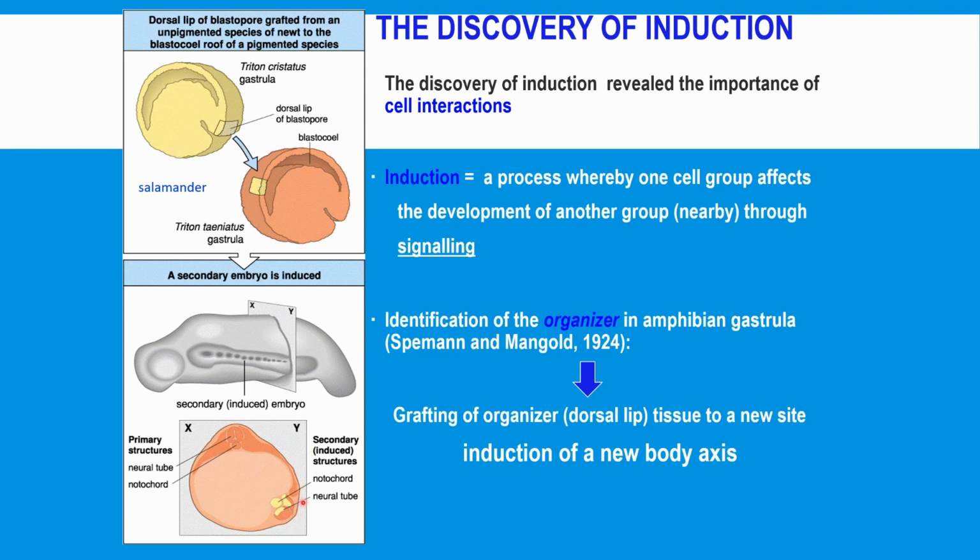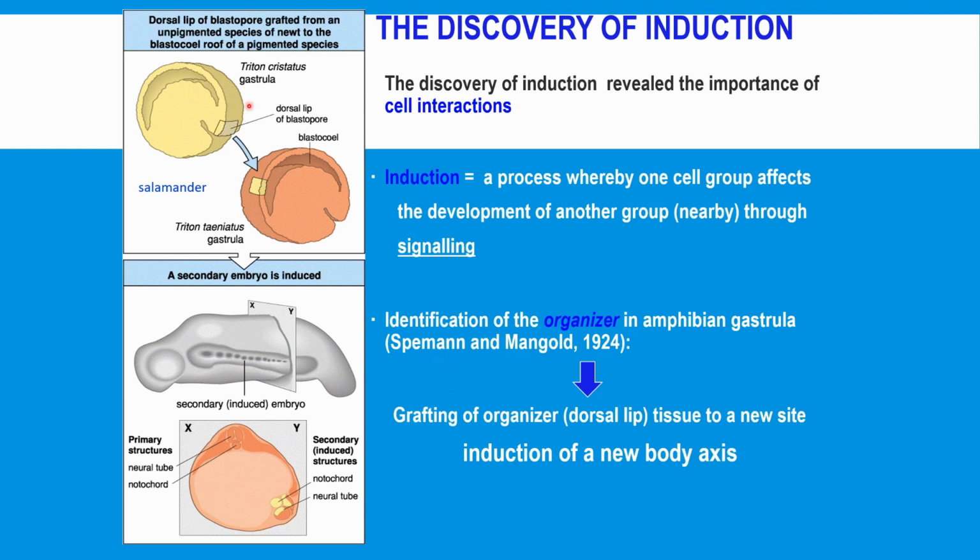So with contributions from both the original tissue shown in yellow here, but also it would induce tissue that would normally give rise, say, to the ectoderm, instead now taking part in forming a new secondary notochord or neural tube, right?